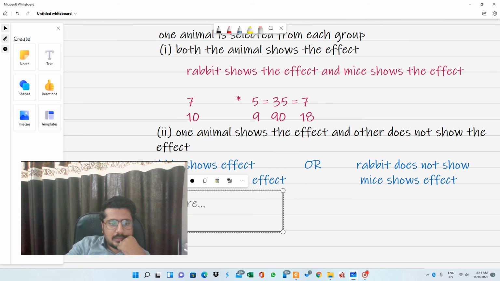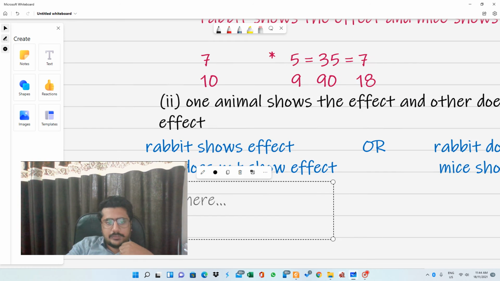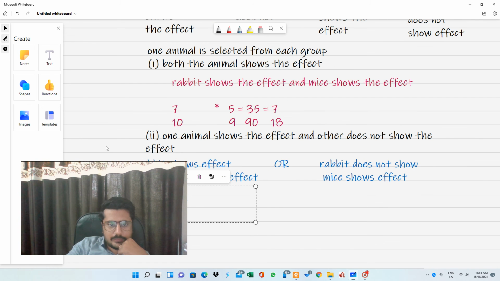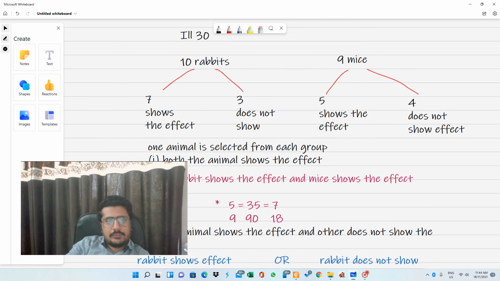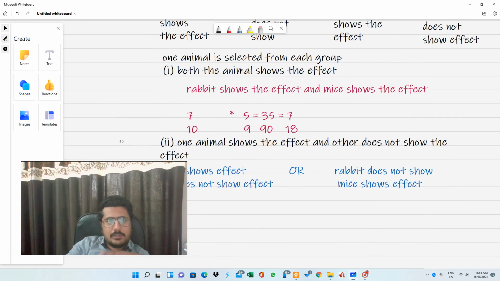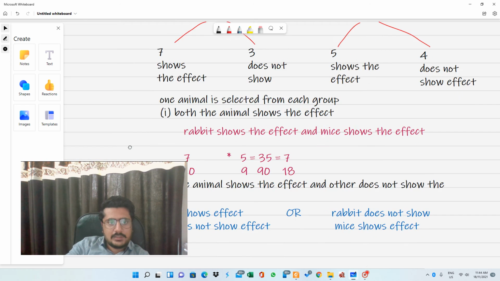Now, if the rabbit is showing the effect, see, my first possibility, the rabbit is showing the effect. So, if the rabbit shows the effect, it will be 7 upon 10. From 10 rabbits, 7 are showing the effect.